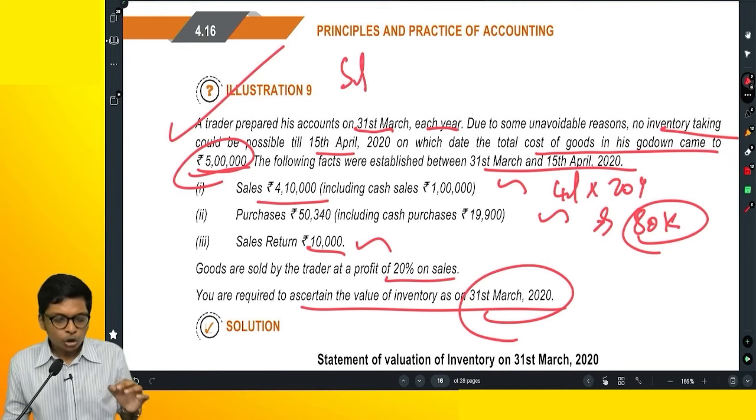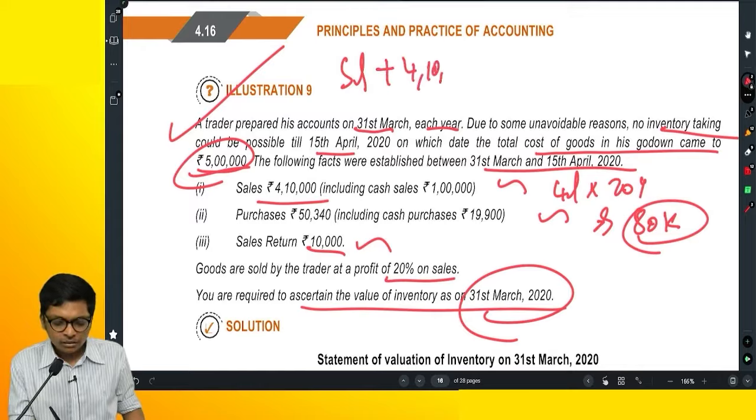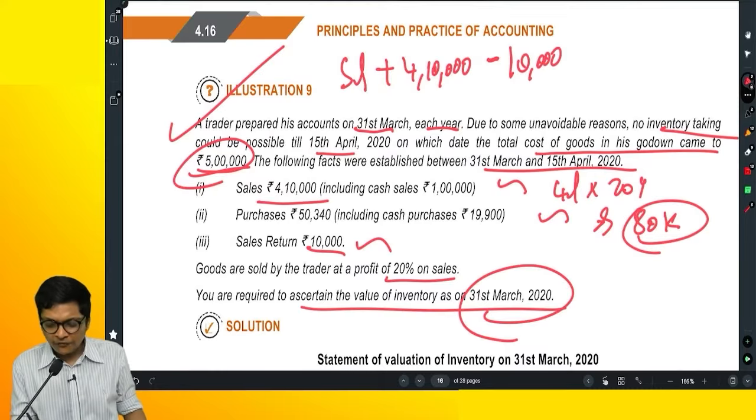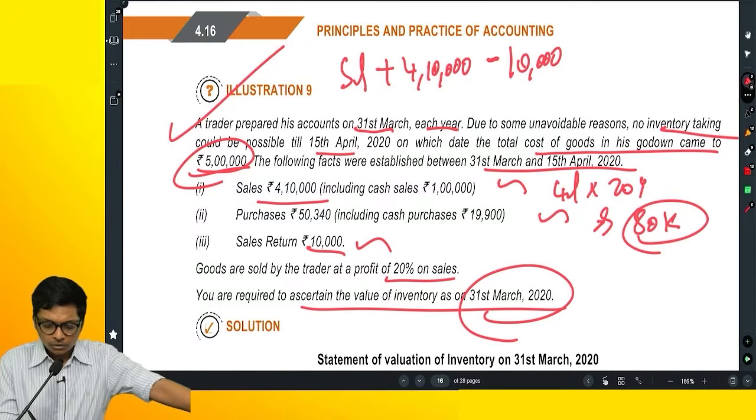From 5 lakhs, you tell me, guys. Sales should be added, 4 lakh 10,000. Sales return should be reduced, 10,000, because sales return should be reduced. Gross profit 80,000, minus 80,000. Purchase 5350.